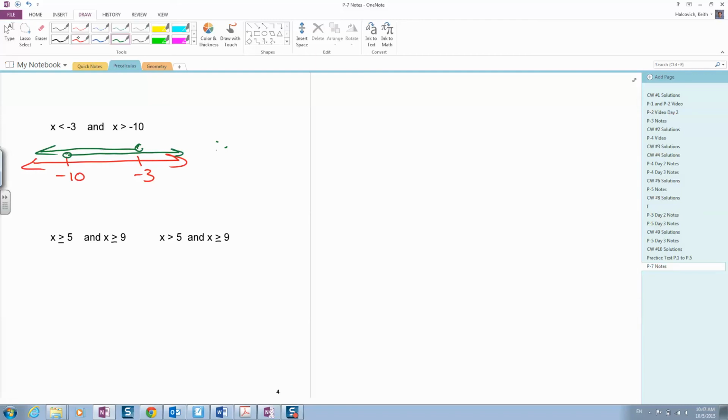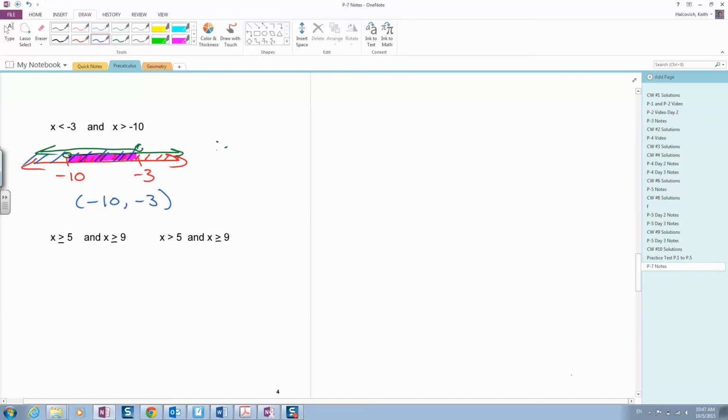So now when we draw, it rains there, and then it rains there. So the overlap is right here between negative 10 and negative 3. So your answer is from negative 10 to negative 3.